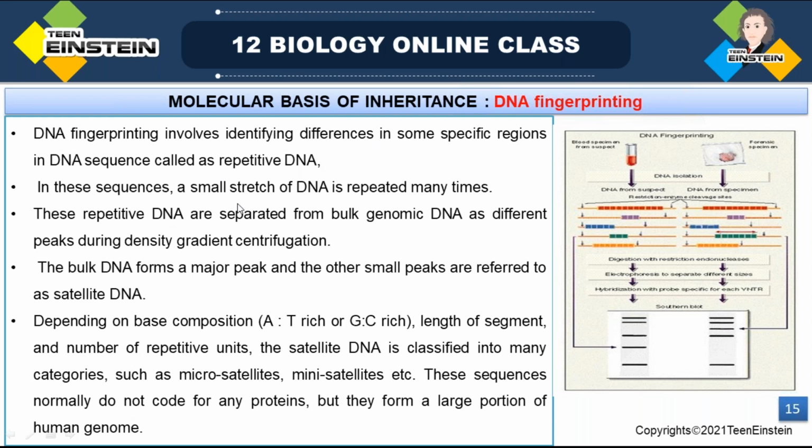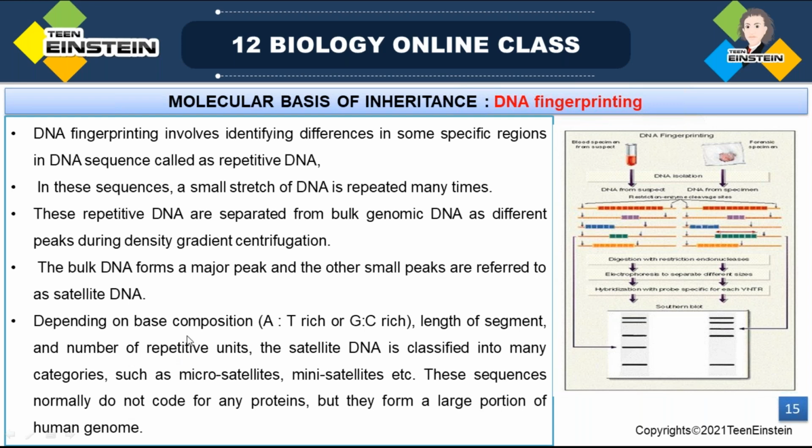These are small stretches of DNA repeated many times, and they are separated from bulk genomic DNA as different peaks during density gradient centrifugation. The bulk DNA forms the major peak, and the satellite DNA forms the smaller peak.